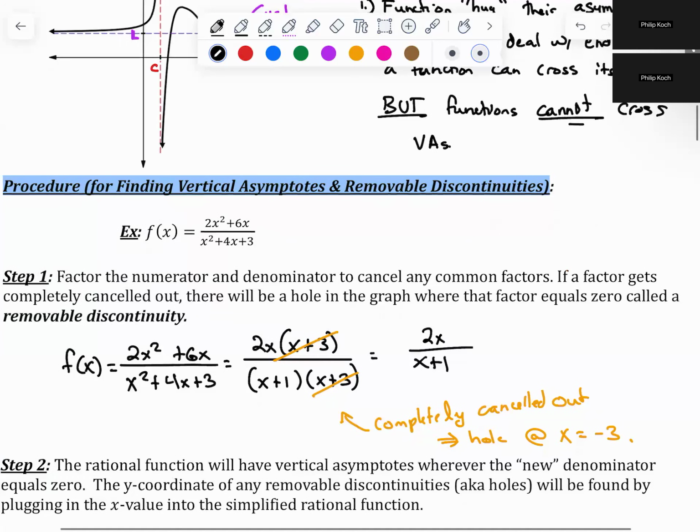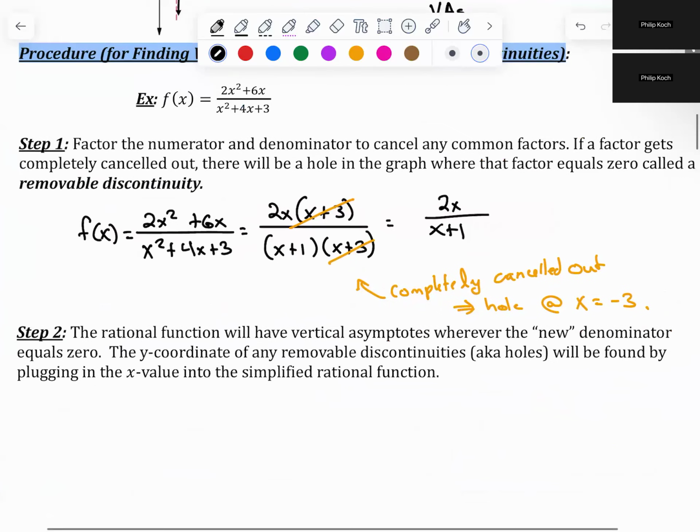True story. Okay. So now that we've canceled everything like that, we can look for vertical asymptotes. A rational function will have vertical asymptotes wherever the new denominator equals 0. I'm going to highlight that in pink.